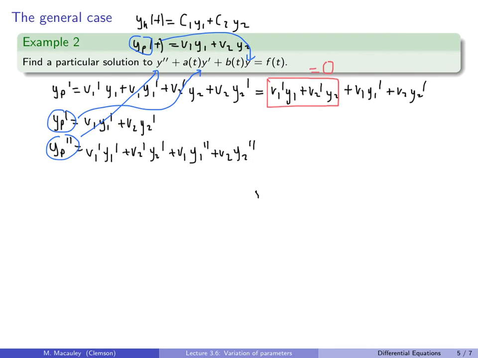Okay, it might get a little messy here, but I think we can handle it. yp double prime plus a of t yp prime plus b of t yp is, so let's just copy these things down here.